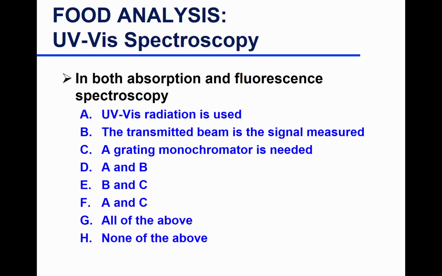In absorption, this is correct. In fluorescence, it's not correct. Of course, you knew that, right? In fluorescence, you're not measuring transmitted beam. You're measuring the fluorescence that comes out. Okay. A and C is correct. We're going to talk about the grating monochromator more. We did mention it last time, when we were talking about HPLC, but I'll talk about it a little bit more here too. Okay.